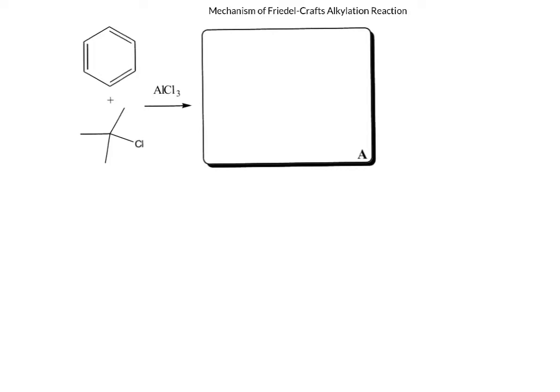The first step is preparation of the active electrophile. Aluminum chloride has an empty p orbital, and therefore it is a Lewis acid. Here's the empty p orbital.